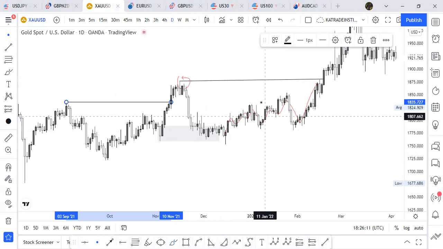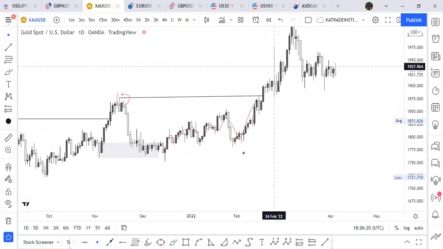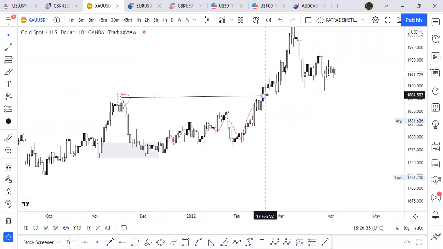All this or whatever is going on here is just internal structure. So meaning that when we break out from this high here, crossing above this line here, we call it a breakout.